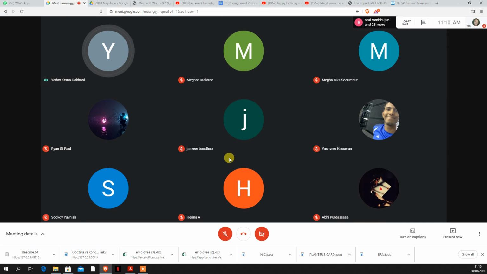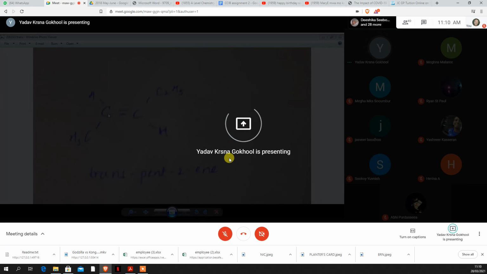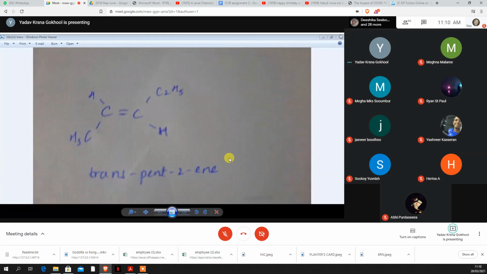And then next, you could have also drawn the trans, because nothing has been said if we have to draw the cis or the trans only. So this is the trans-pent-2-ene. You can see the H's are diagonal to each other.